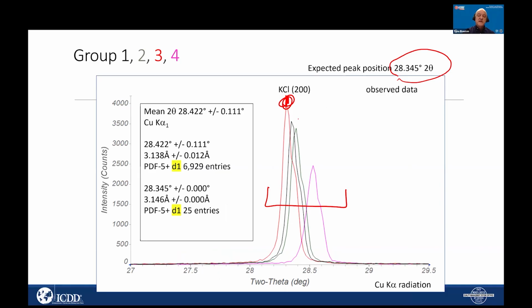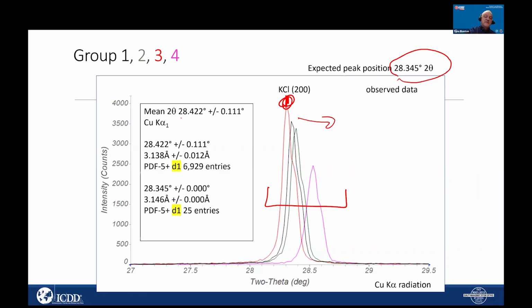Everybody else, you'll see a shift to higher angle, which means that in our well of our sample, they were displaced high. In addition to being displaced high, we see the shift in the peak position, but we also saw a loss in peak intensity. So what does this mean when you go to do phase ID?